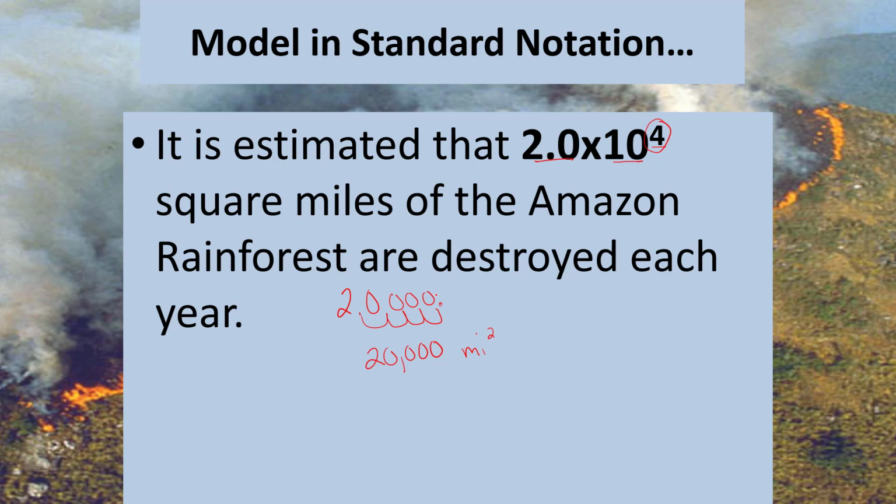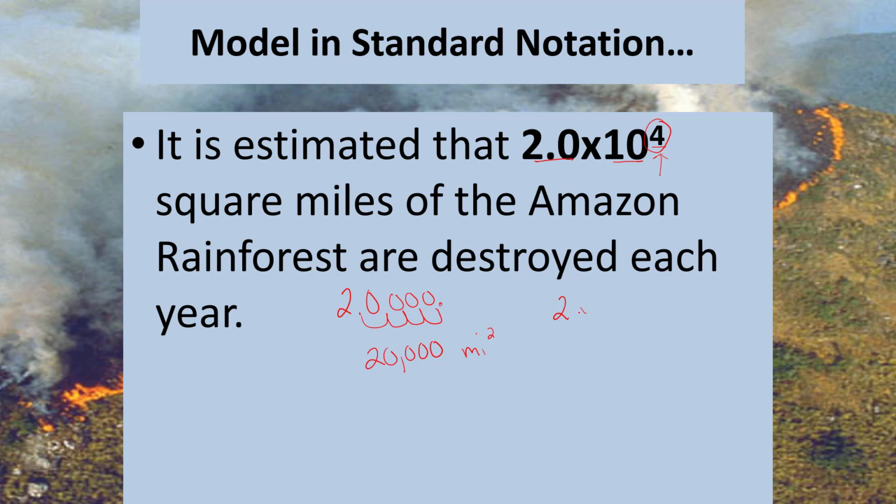Well, when we're in standard notation and we are converting to scientific notation, we move the decimal to the left 4 units and it results in a positive power. Why? Because each time we multiply by 10, it makes our number larger.